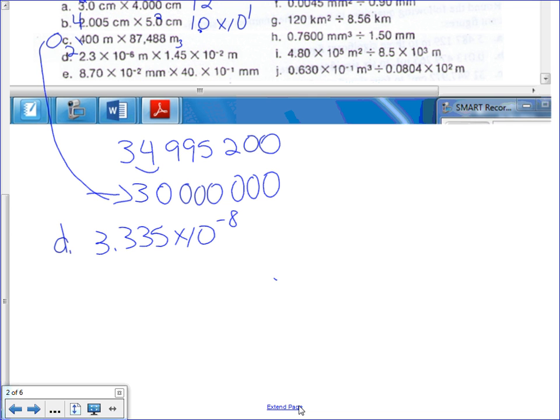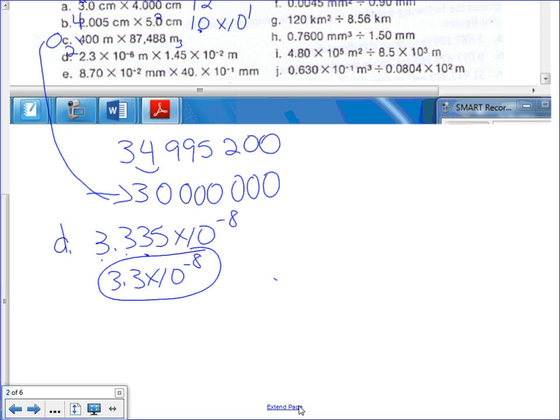And we want to round it to 2 significant figures. So look at your third number. 1, 2, 3. Is that going to round it up or leave it the same? It leaves it the same. So 3.3 times 10 to the negative 8. So that's our answer for D.